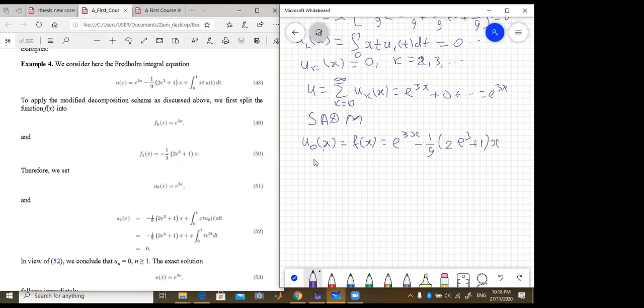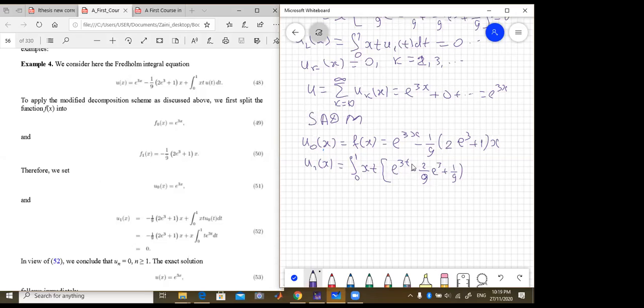So now what about u1? u1 is equal to the integral, lambda is 1, from 0 to 1, xt u0 of t, e to the 3t minus, okay, I will say 2 over 9 e cube plus 1 over 9.